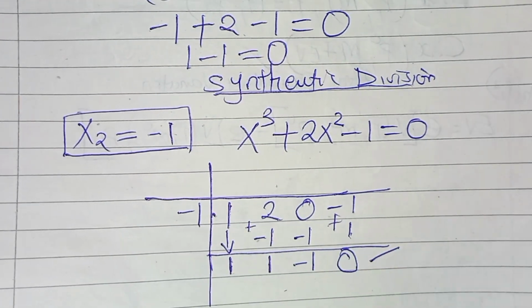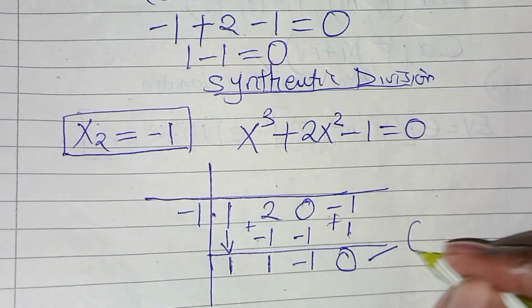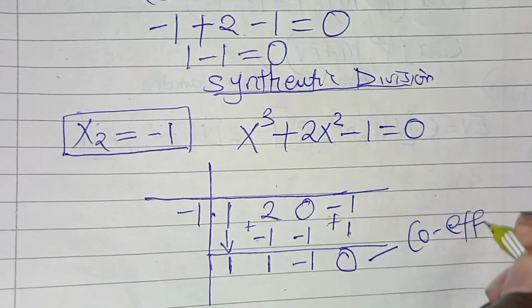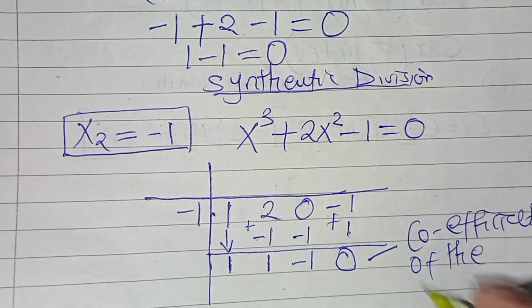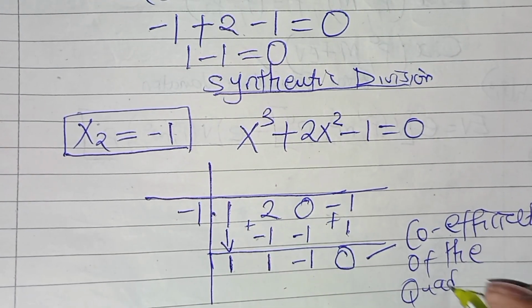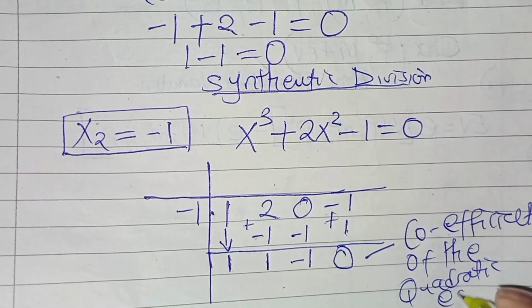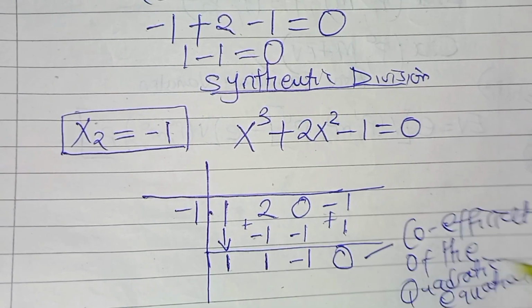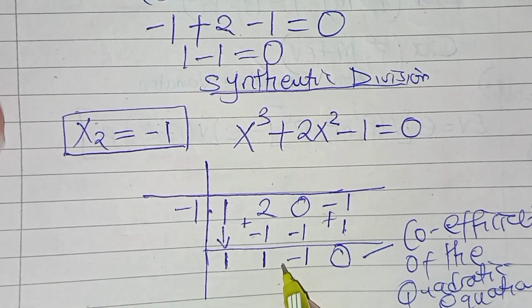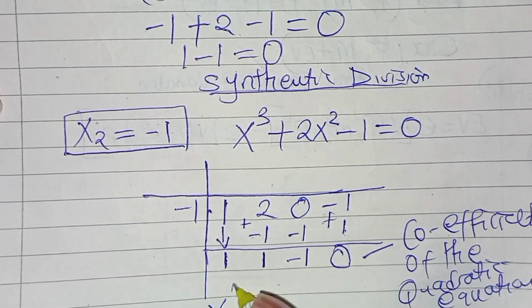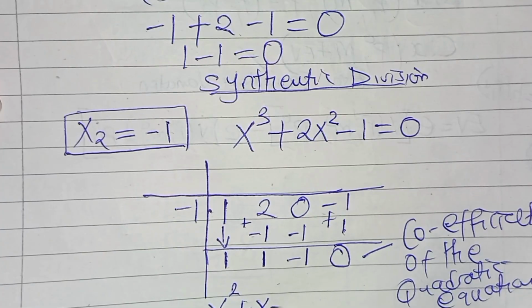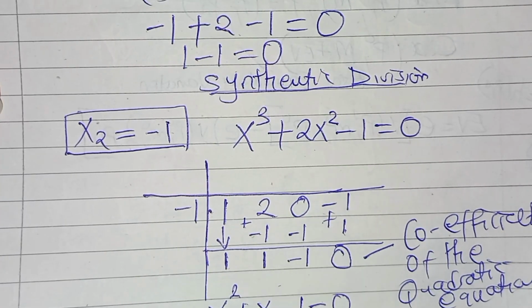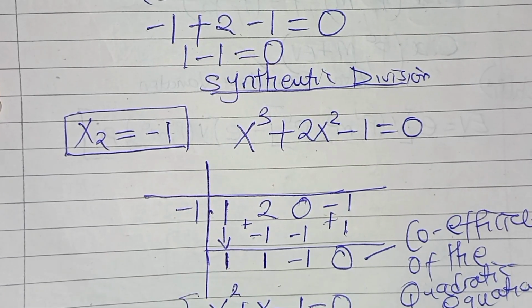And these are the coefficients of the quadratic equation. So here we have x squared plus x subtract 1, equal to 0, and this is our quadratic equation.